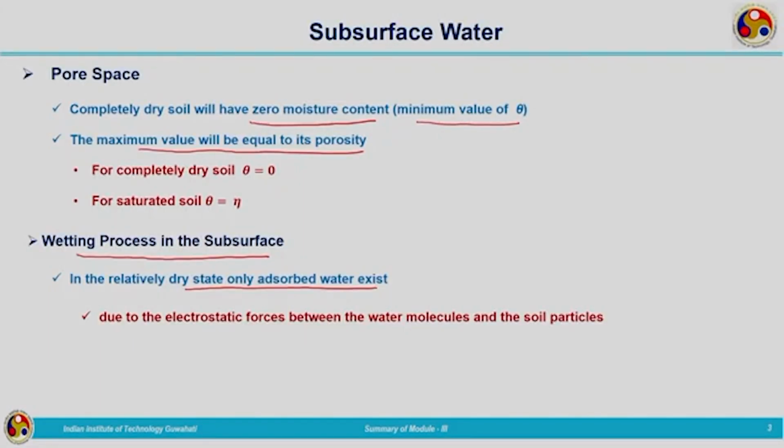Due to the electrostatic forces between the water molecules and soil particles, there will be adsorbed water present in the soil. So, the main reason behind this adsorbed water is the electrostatic force between the soil particles and the water molecules.